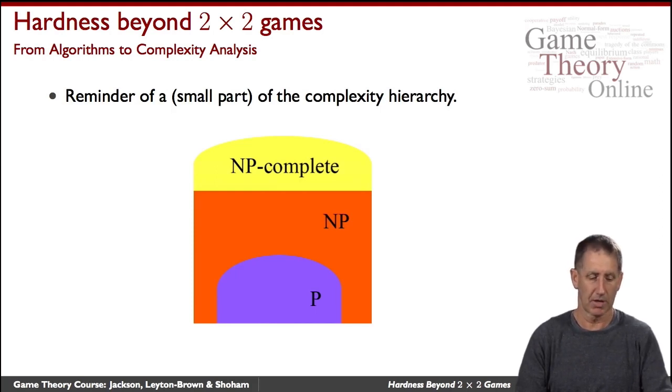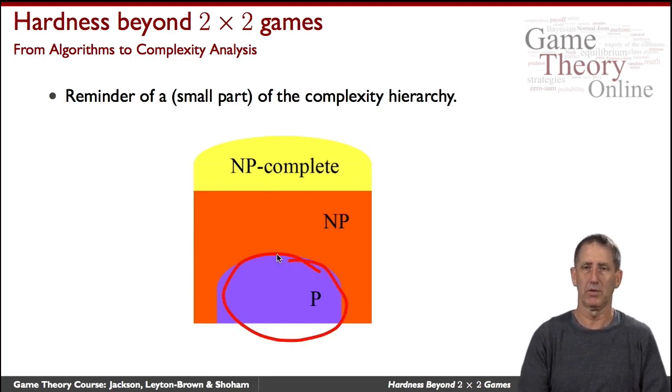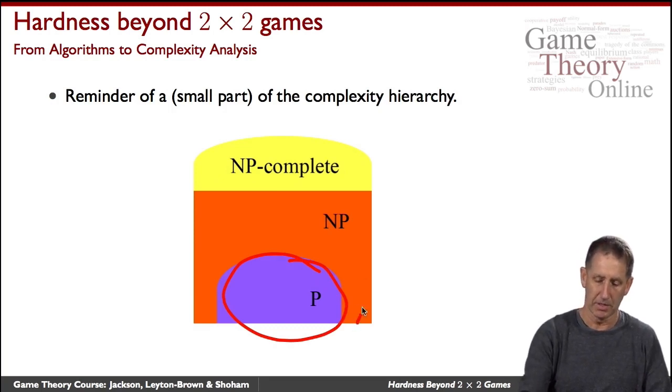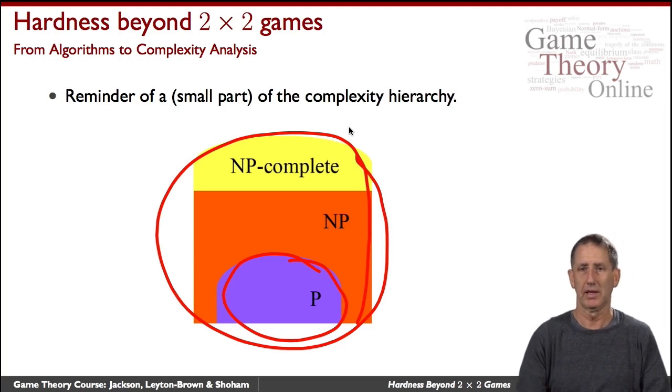The class P, as it's known, is the class of problems for which a polynomial time solution is known. The class NP is the class of problems for which a solution can be verified in polynomial time, but not necessarily found in polynomial time.